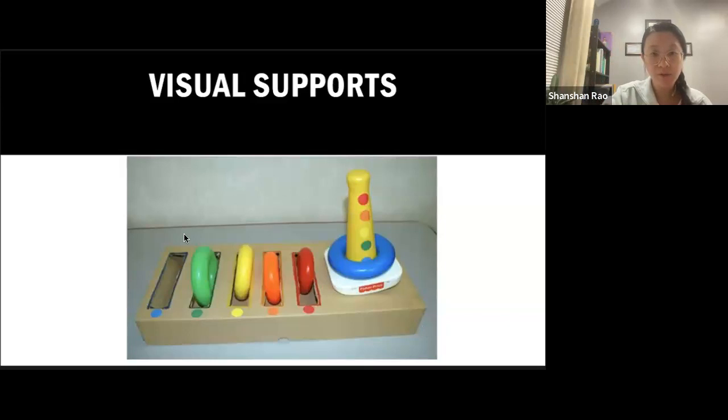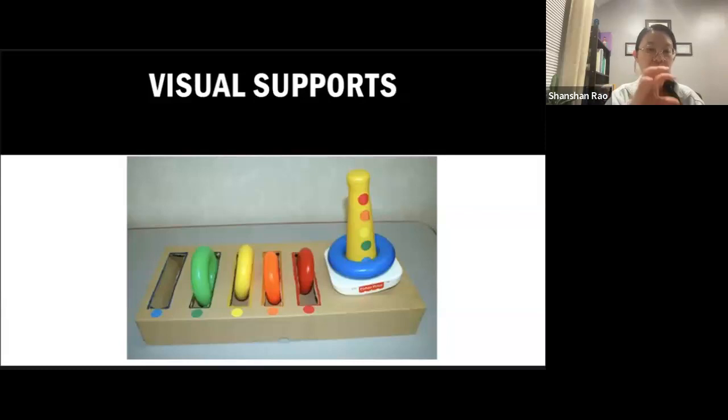So for this set of materials, we call it structure play, right? This teacher, she used a box. She cut out the hole for the rings, and it's clearly defined which color should go to which hole, and the kid's going to know to work from left to right. It's very structured, so the student would not have a lot of chance to make an error, right?